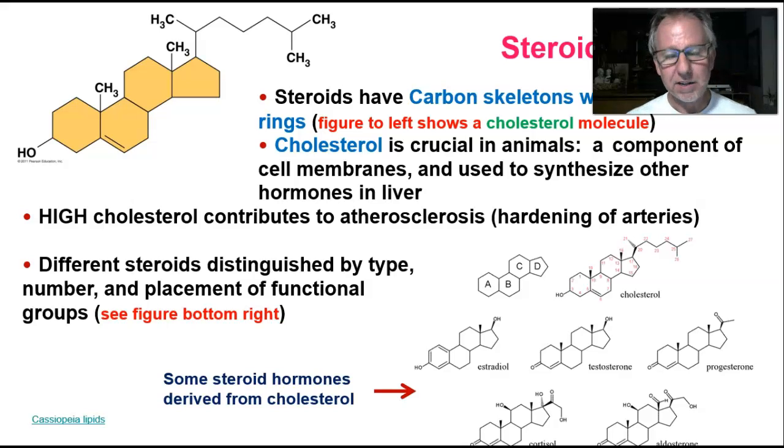Now you can recognize in a picture a steroid because they are made up of 4 carbon rings that are all attached together, like the pictures I'm showing you here, with various functional groups sticking out. And what makes the different kinds of steroids different are the functional groups: the type, the number of them, and the placement of the functional groups.